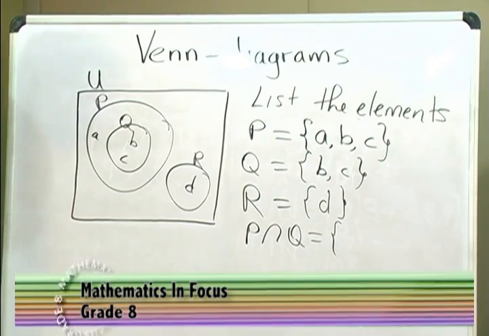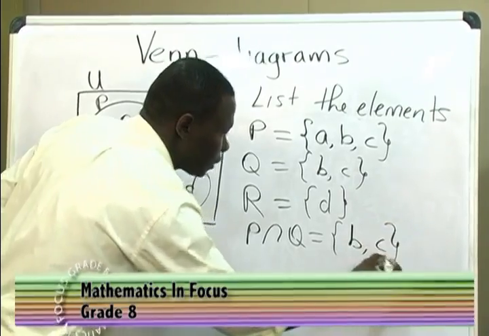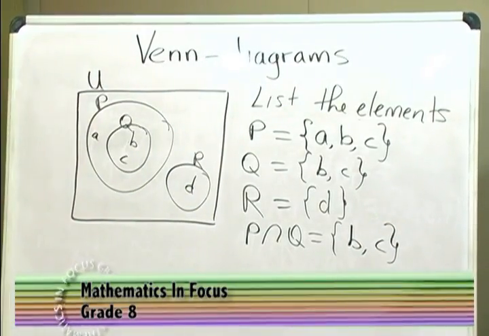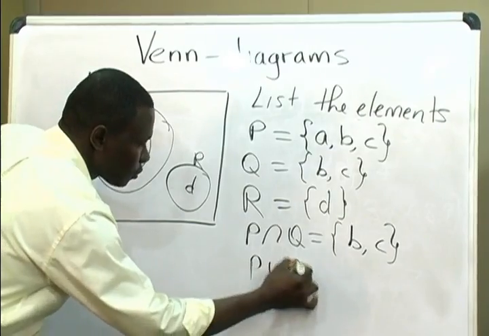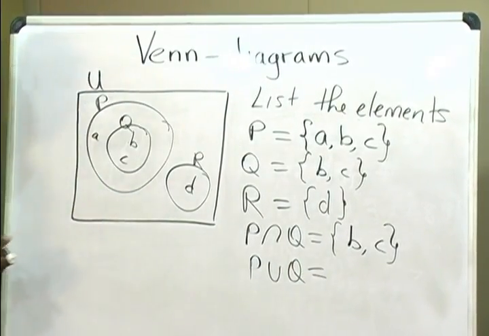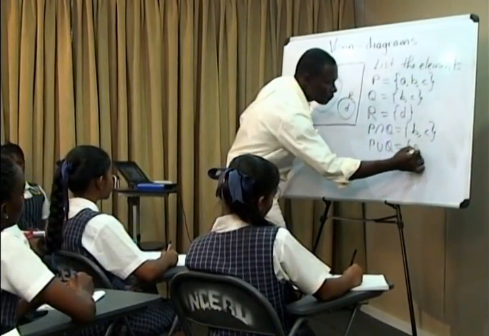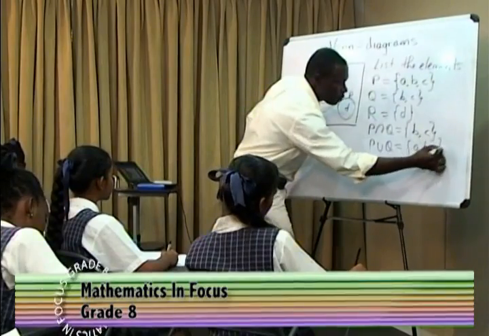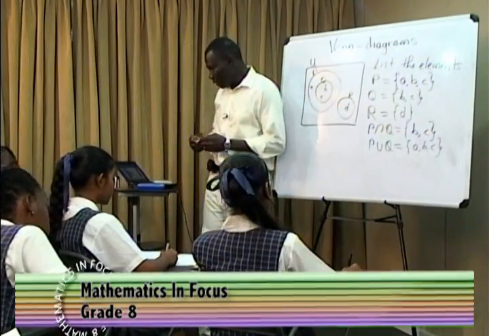B, C. Correct. Very, very good. What about the elements in P union Q? A, B, C. Correct. Very good. P union Q, A, B, C.